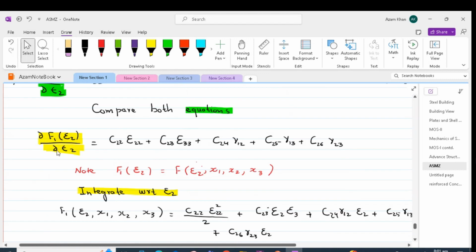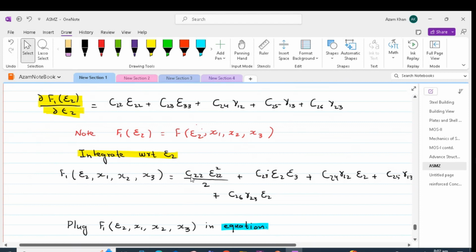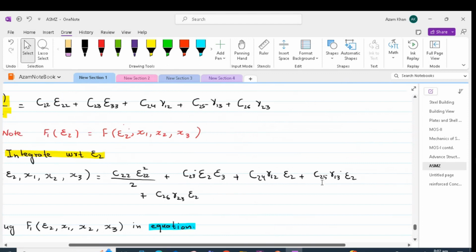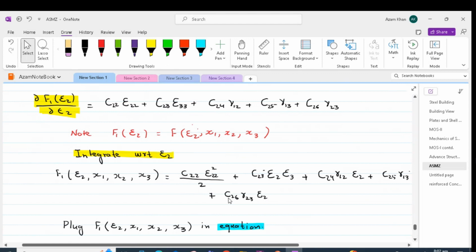Now we can integrate this expression with respect to epsilon 22, and we would get C22 epsilon 22 square by 2 plus C23 epsilon 22 epsilon 33, C24 gamma 12 epsilon 22, plus C25 gamma 13 epsilon 22 plus C26 gamma 23 epsilon 22. Please note that in this expression we haven't added any constant because we are assuming homogeneous material.